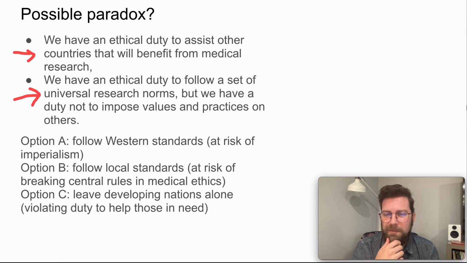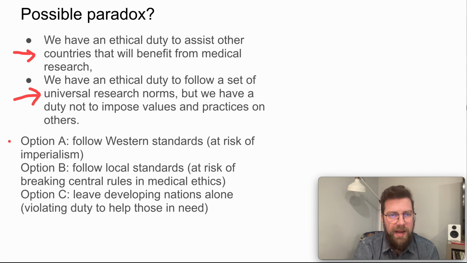But it also seems like we've got these universal research norms, like this editor of the New England Journal of Medicine was talking about. But it seems like we're also in a situation where we have a duty not to impose those values and practices on others. So it seems like we've got a bunch of competing values here.